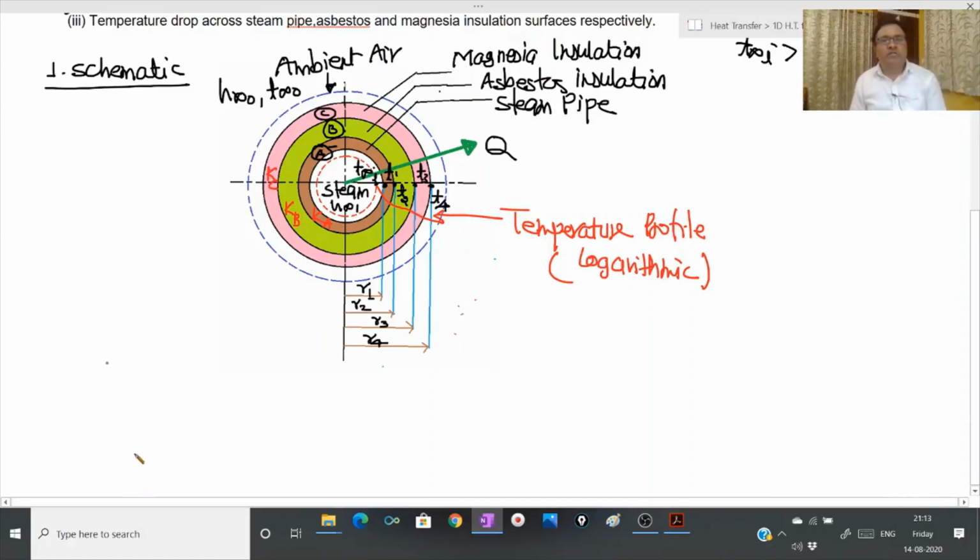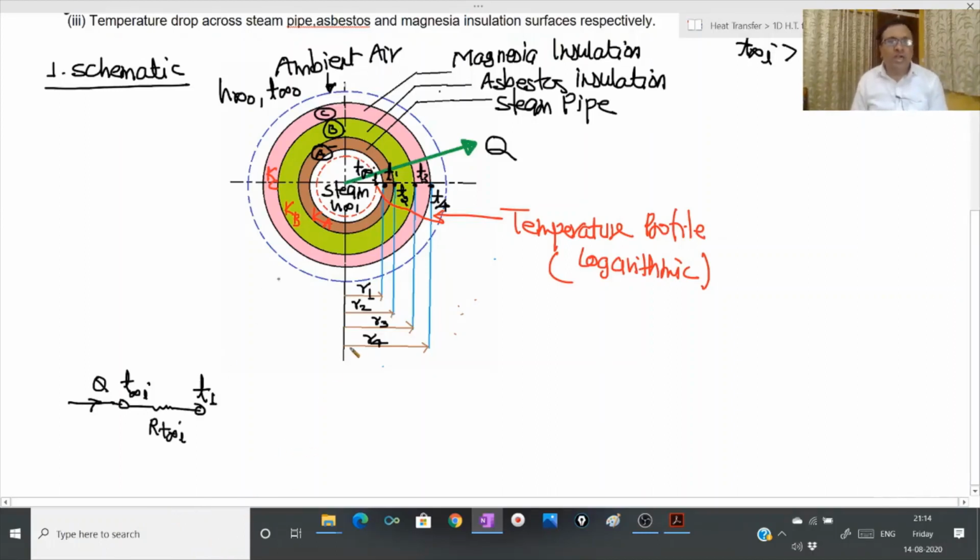Now let us draw the equivalent electrical circuit for this system. So there is a heat transfer by virtue of temperature difference at the rate Q. The first thermal resistance will be offered by steam between temperatures T infinity i and temperature T1, and it is represented by RT infinity i.